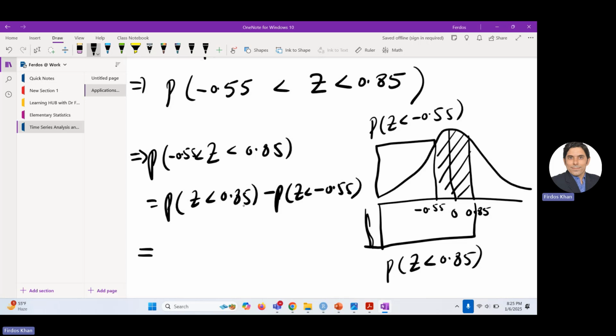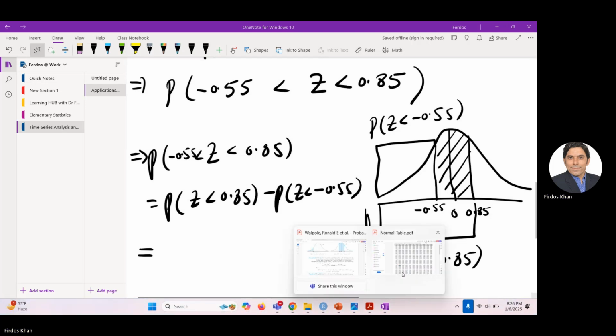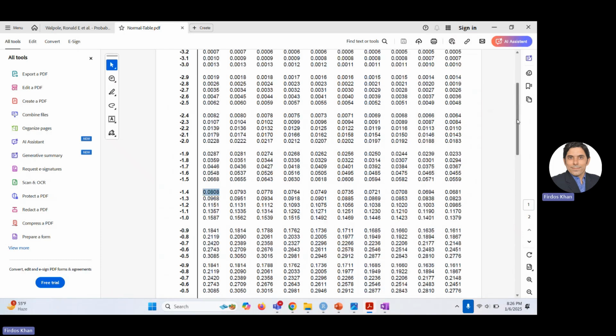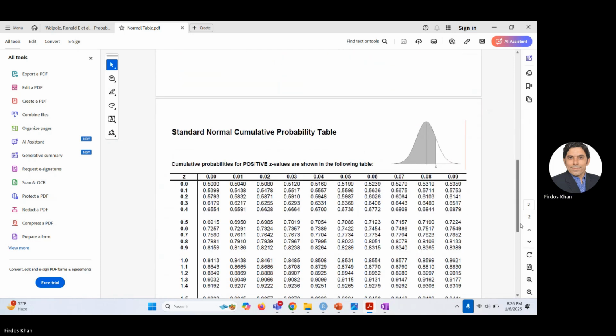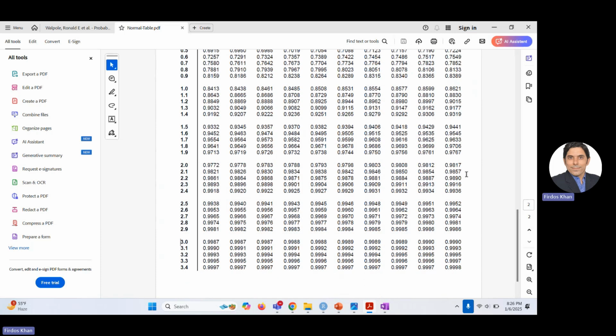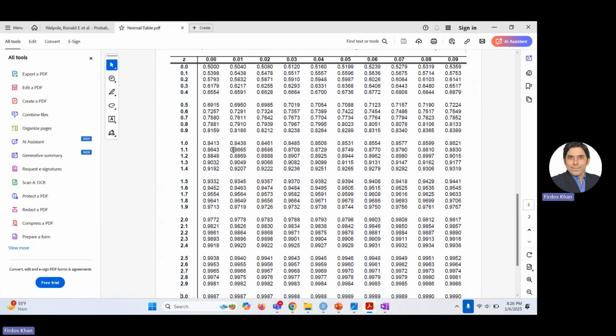Now you can use the table two times, one for this, one for this. Just look at the table. I mean 0.85. Now you look at the value of z, which is here. This is positive, so this is 0.8, and you need to go until 5.